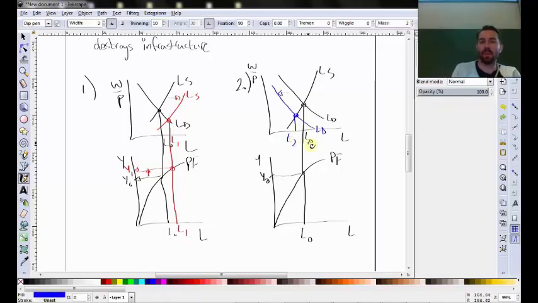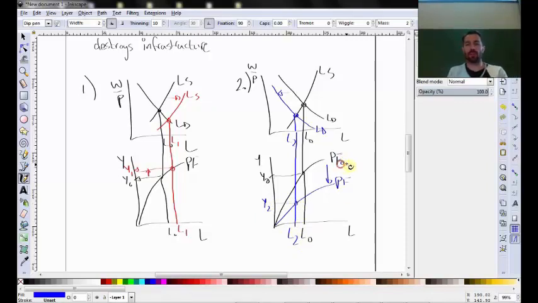Okay. But that change in productivity also shifts our production function. It lowers our production function. So we move to a lower level of output. Call it Y2, and Y2 corresponds to the level of employment, L2, and to a lower production function.